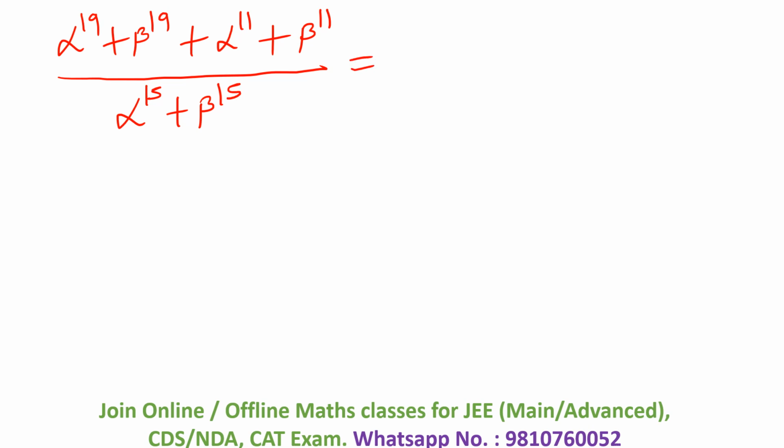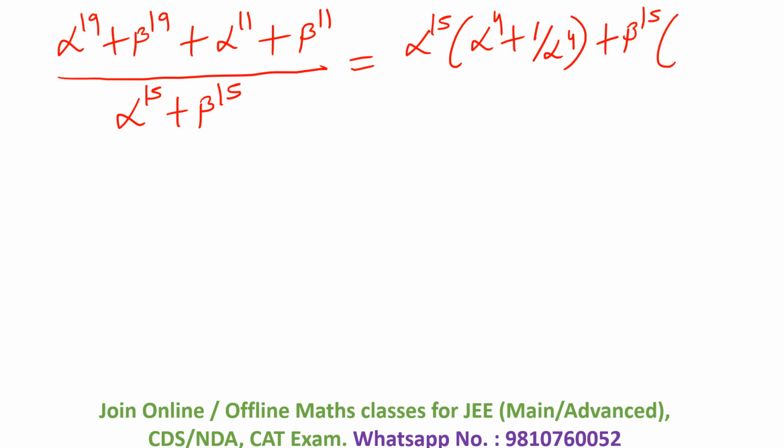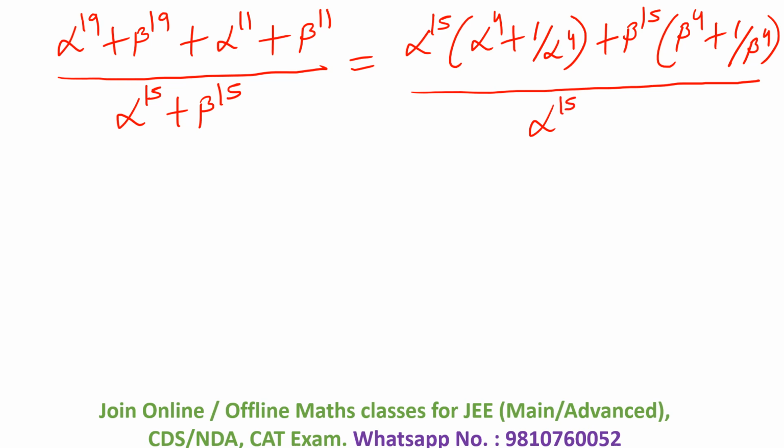This can further be written as alpha to the power 15 common, inside the bracket alpha to the power 4 plus 1 upon alpha to the power 4, plus beta to the power 15 common, and inside the bracket beta to the power 4 plus 1 upon beta to the power 4, whole divided upon alpha to the power 15 plus beta to the power 15.